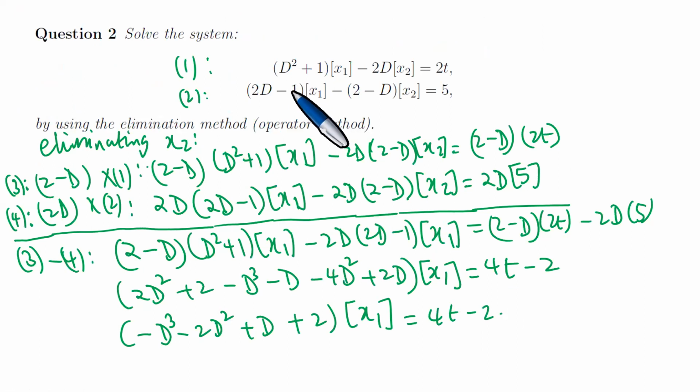D squared plus 1 into x1. We just solve for x2 from it. So we're going to write that one down straight away.